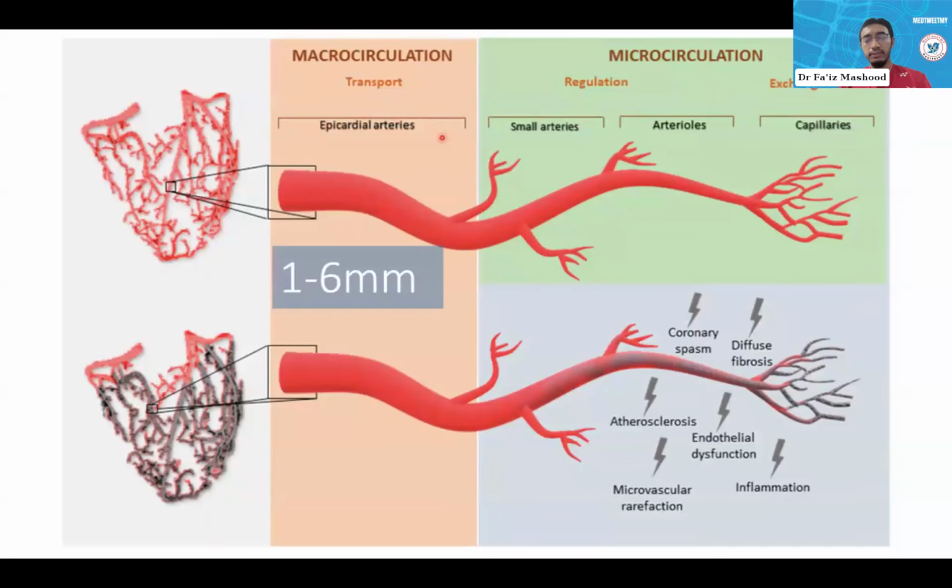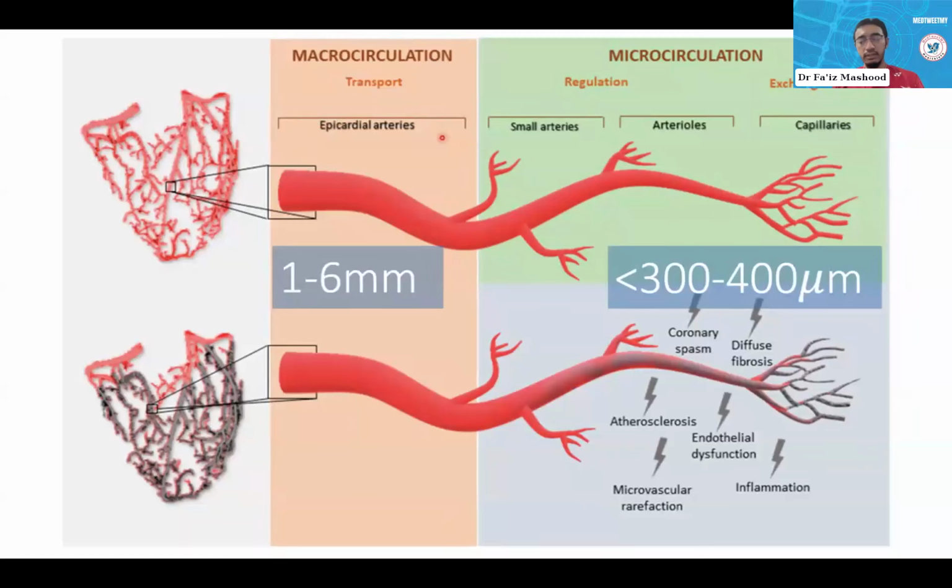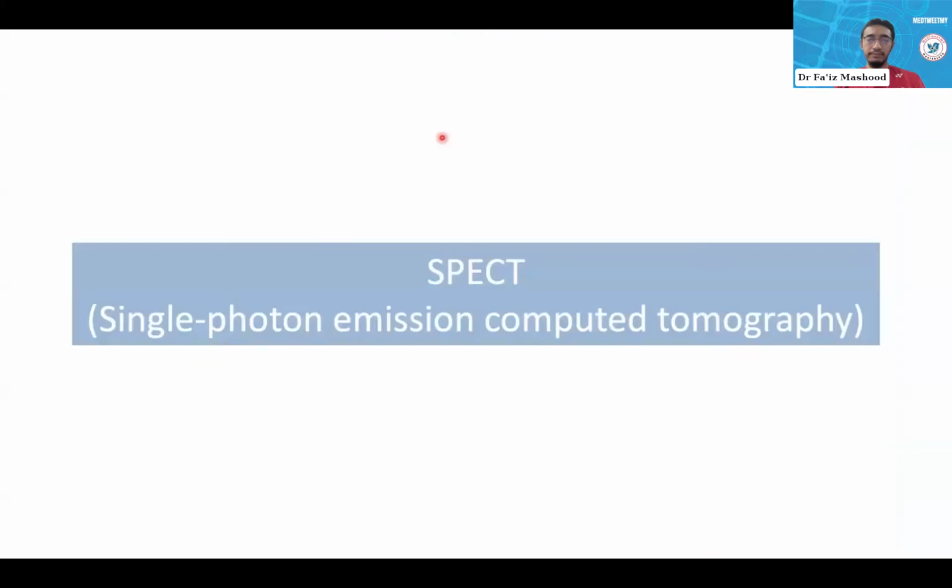And their size range from 1 to 6 mm. Whereby for the microcirculation like arterioles and capillaries, that one can't be seen angiographically because the size are very small, less than 300 to maximum 400 micrometer. Okay. So I think that's about it for the score.